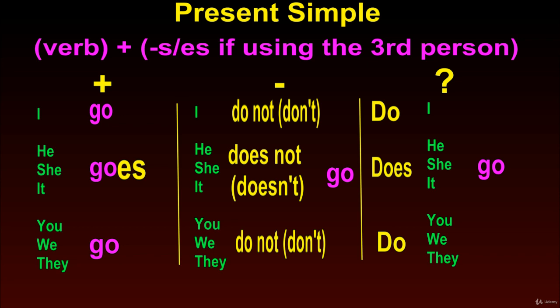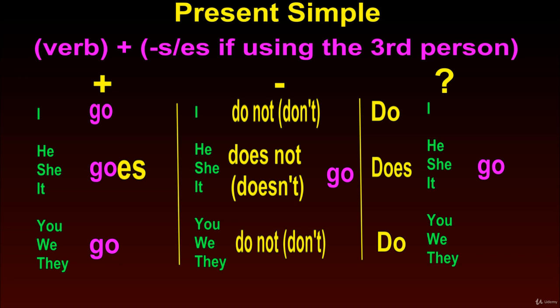For example, I go, he, she, it goes, you, we, they go. If you want to say the sentence in the negative or the question form, then you have to use the auxiliary verbs. For the pronouns I, you, we, and they, you use the auxiliary verb do. And for the pronouns he, she, it, you use the auxiliary verb does.